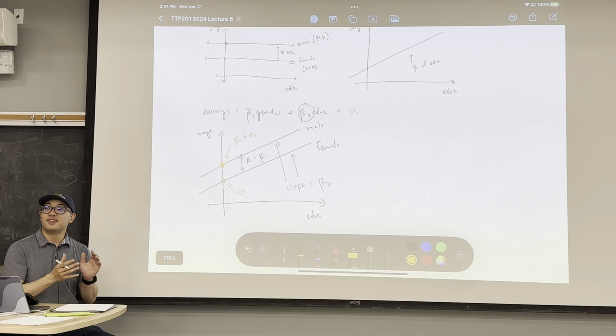Now I can test y equals beta x1, y equals beta x2, y equals beta x3, y equals beta x1 plus beta x2, y equals beta x1 plus beta x3, y equals beta x2 plus beta x3, and then y equals beta x1 plus beta x2 plus beta x3.